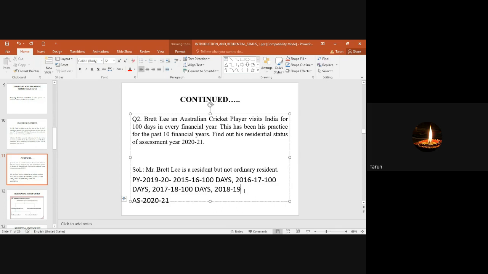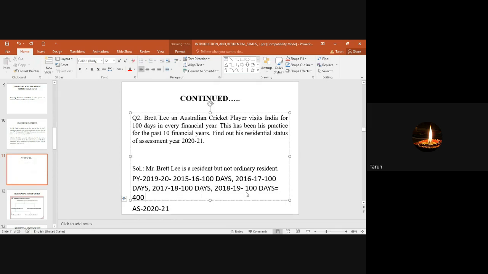And 2018 to 19, 100 days. If we total the number of days, it is 400 days. So automatically the B condition of the basic conditions has been satisfied in this particular question.